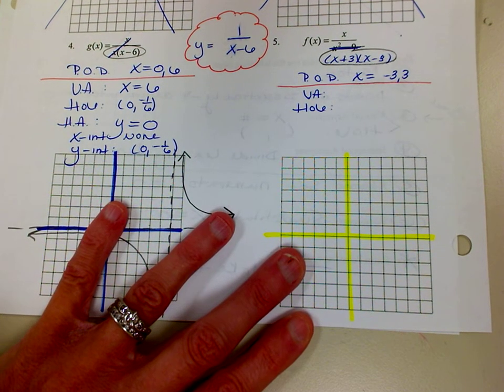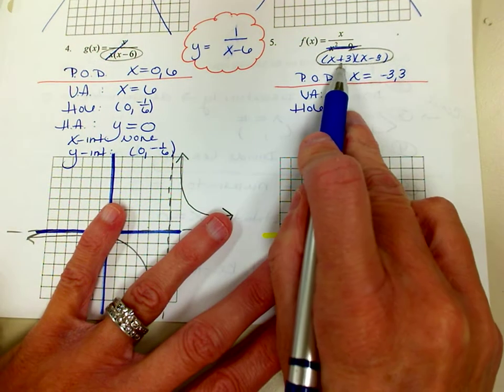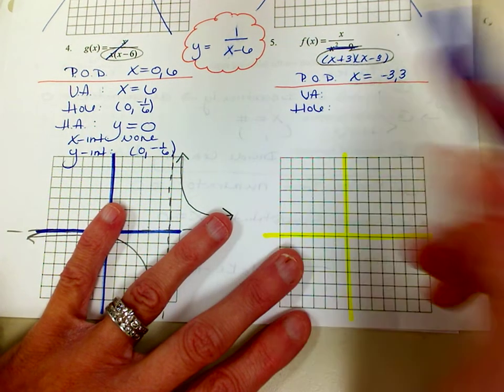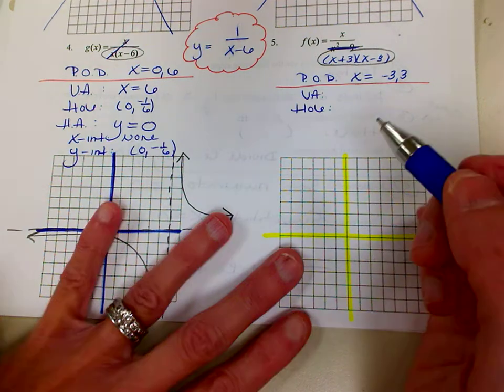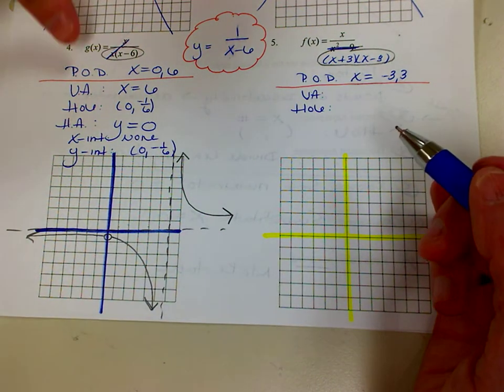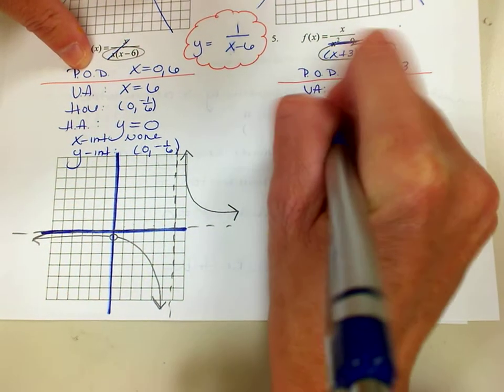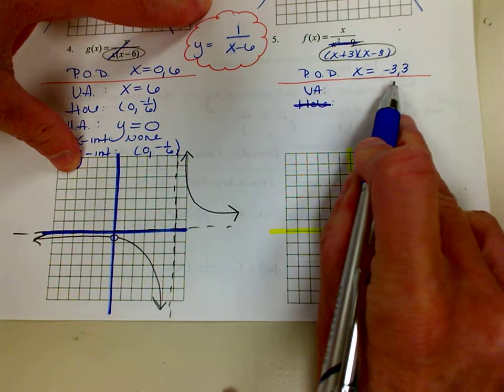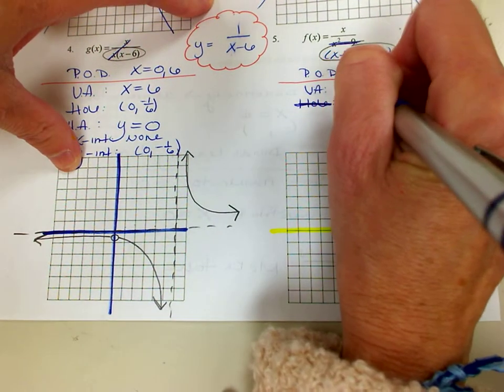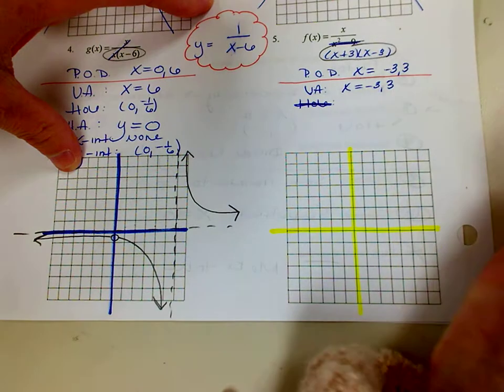That's where I look to see if something cancels. Well, I don't have any x plus 3 or x minus 3 on the top. Nothing cancels. Since nothing cancels, I do not have any holes in the graph, which means I have 2 vertical asymptotes. I'm going to have one at -3 and one at +3.